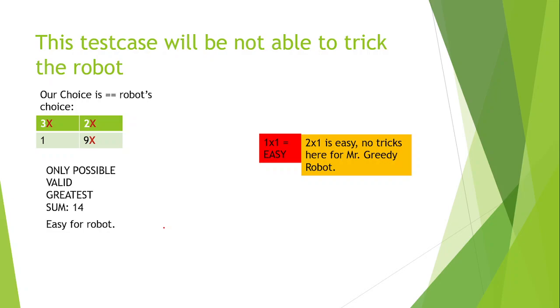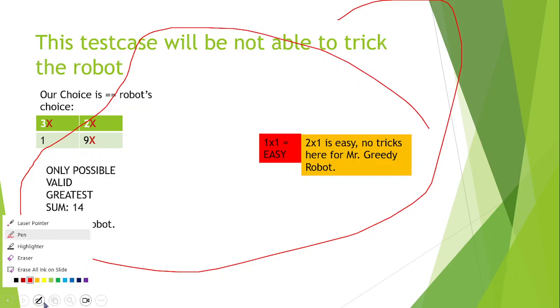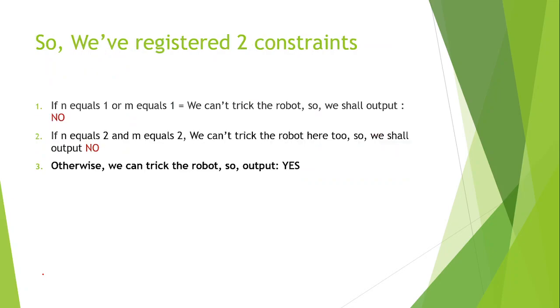So these are the test cases and conditions where we will not be able to trick the robot. As you can see, we've registered 2 constraints and 1 successful constraint.